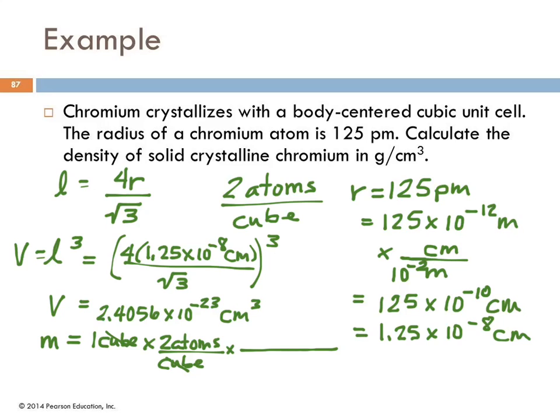So chromium, where'd you go? 51.996. 51.996 grams is the mass of how many atoms? Avogadro's number, 6.022 times 10 to the 23rd atoms.